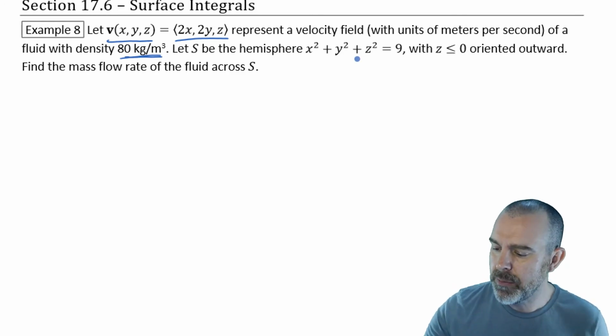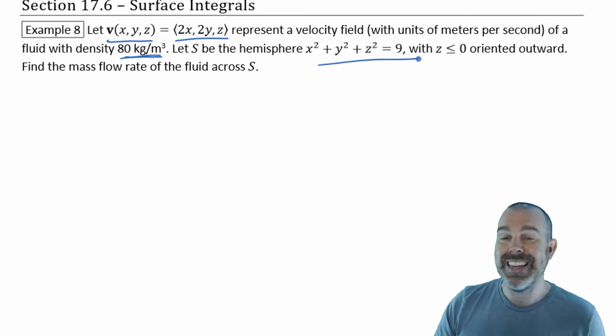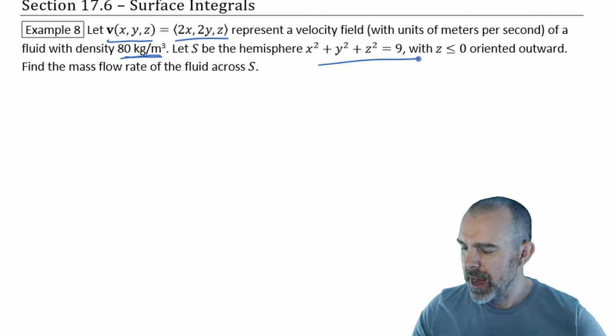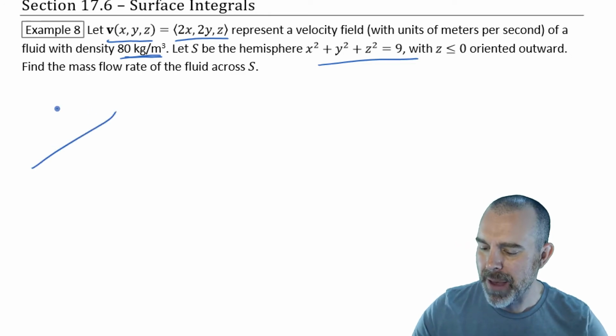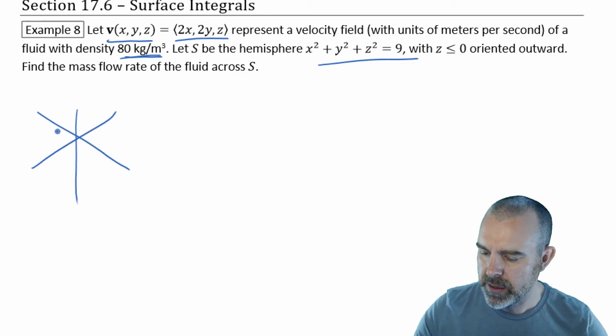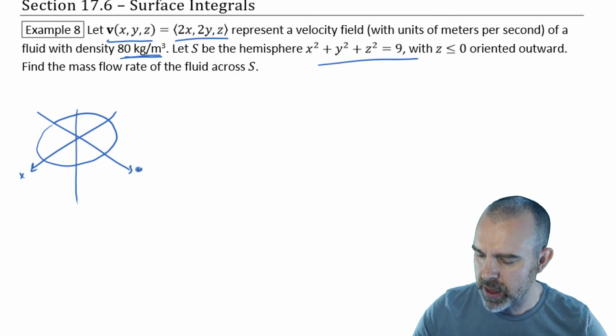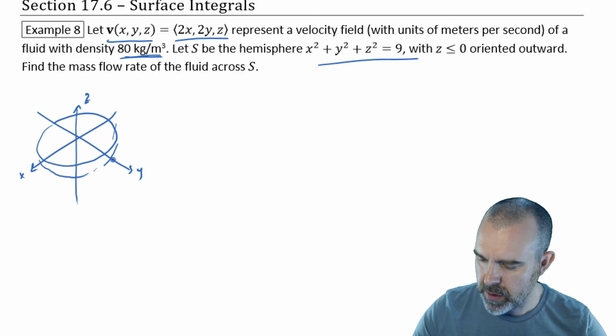We're going to let S be the hemisphere with z less than or equal to 0 oriented outward. So what that is, that's the bottom half of that hemisphere, right? Less than or equal to 9, so we have radius 3. That would be negative 3.